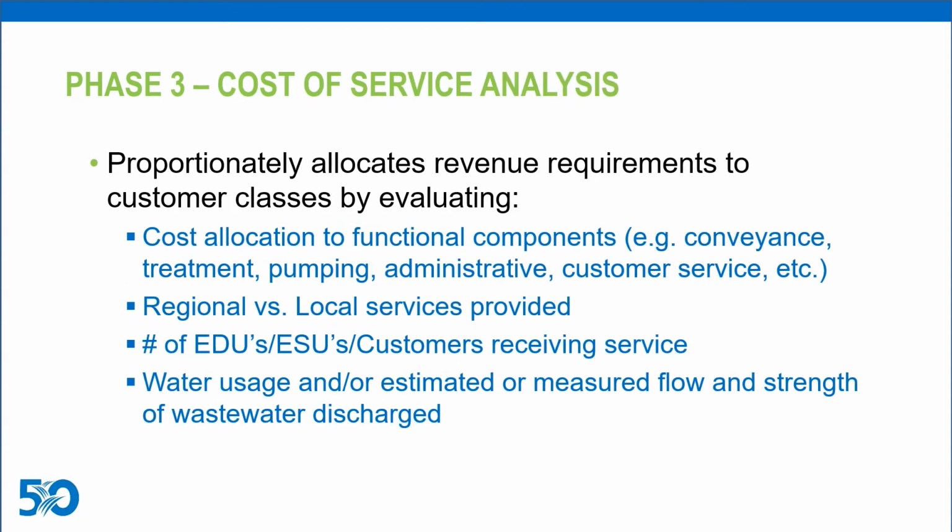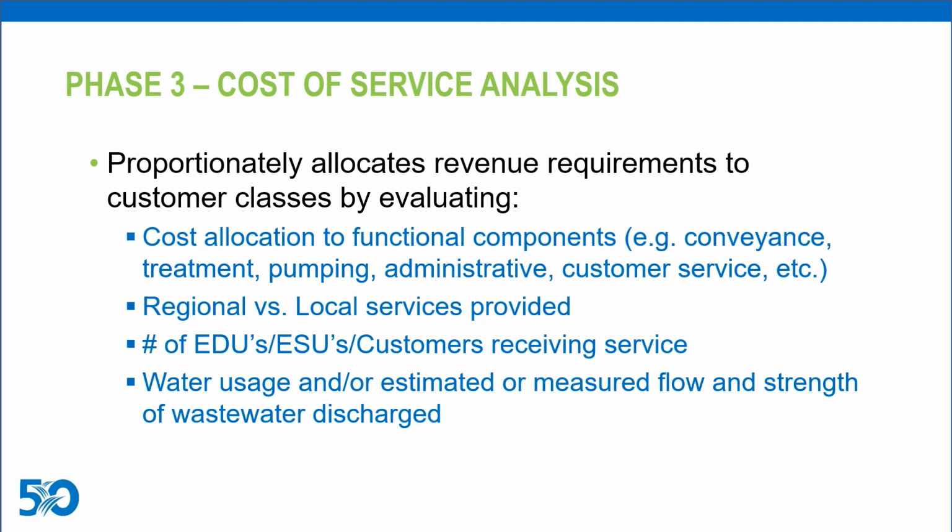Phase 3 is the cost of service analysis, and this is where we will proportionately allocate the revenue requirements to customer classes by evaluating the cost allocation to functional components of utility service. For example, for the sewer system, we have conveyance, treatment, pumping, administrative, and customer service costs. We'll look at the regional versus local services provided and determine the costs that are specific to each.